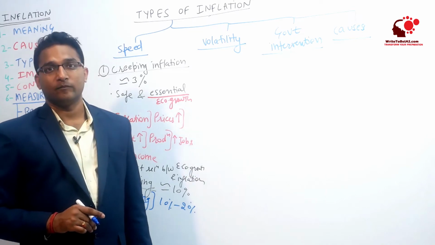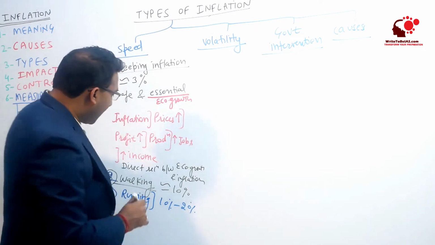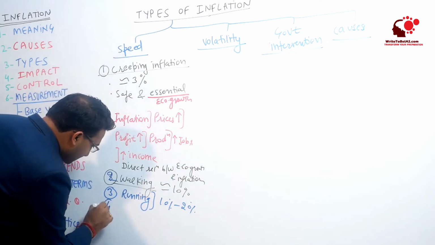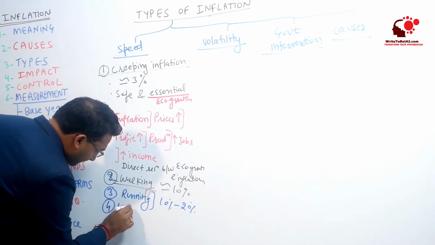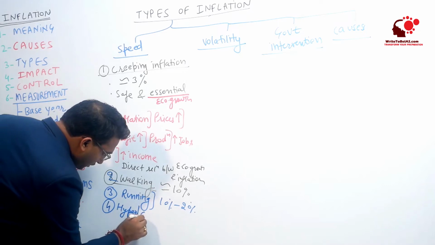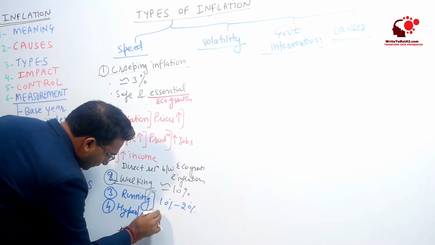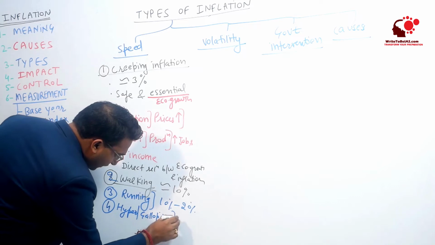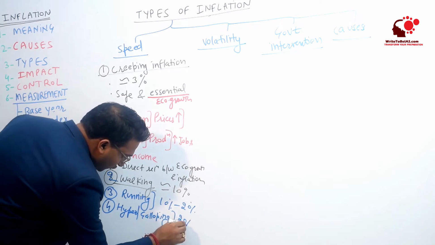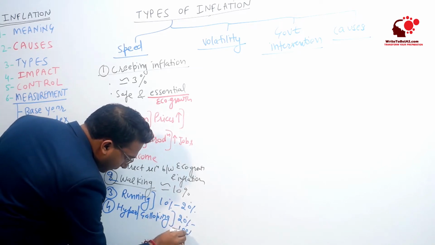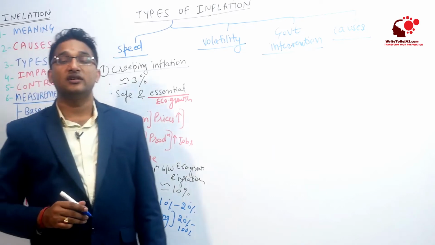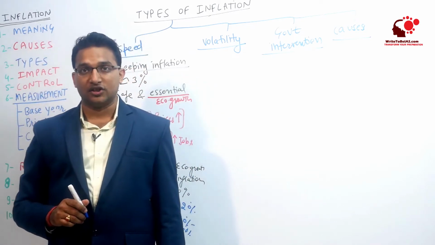And the highest and the most adverse is hyperinflation or galloping inflation, which means the inflation is in the range of 20% to 100%. This kind of inflation is the most adverse inflation.